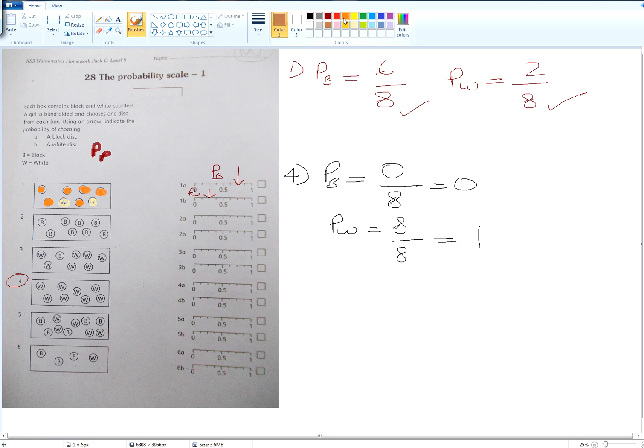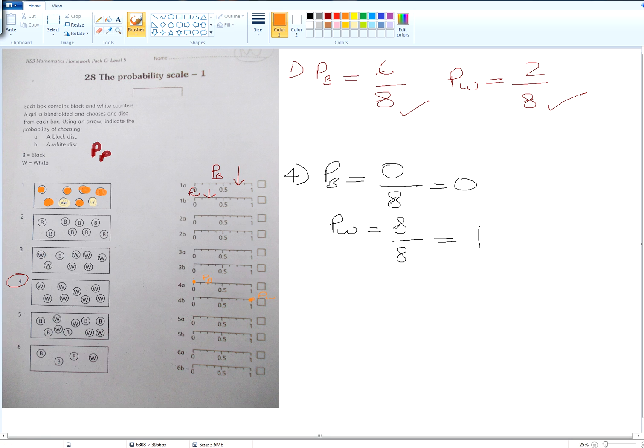So probability of a black, I'm going to put a dot here instead. That's 0. Probability of a white is going to be 8 out of 8, which is one whole, which is going to be over here. So that's the probability of the black, and that's the probability of the white.